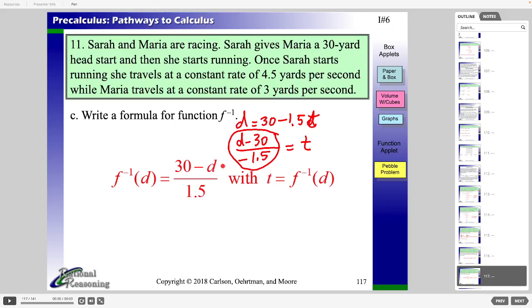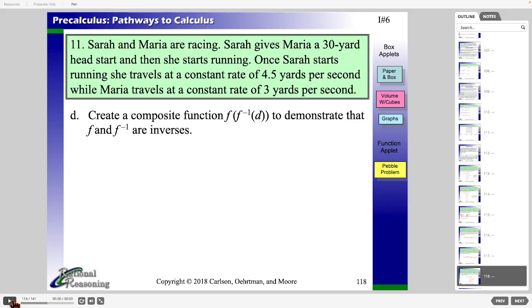So we know what the distance between the two is, right? We could figure out how many seconds have passed, because for every 1.5 yards that the distance has gotten less, that's how many seconds have passed. And if we do a composition with this, we should end up back at t.